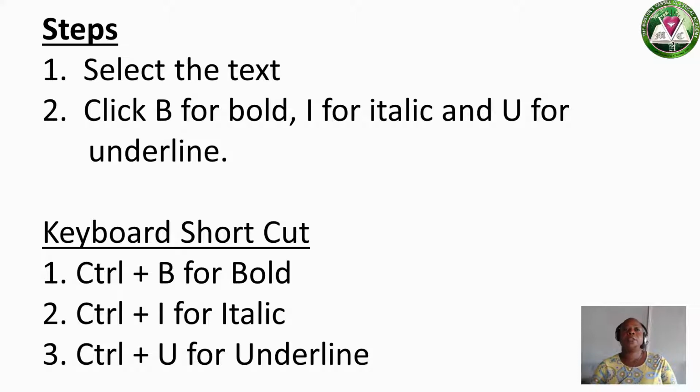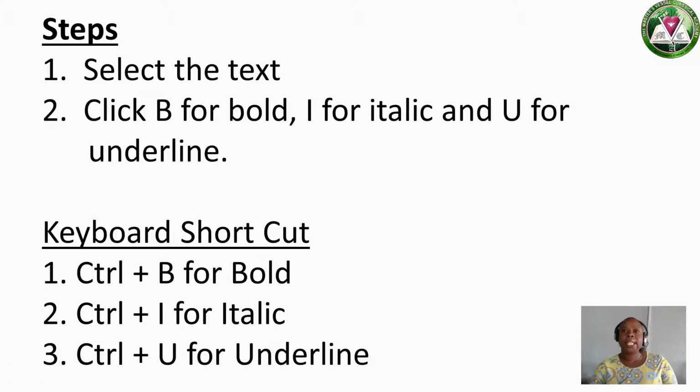Remember, in our previous class, I said all these commands of formatting text will be found on the Home tab, in the Font group. If you look closely, you will see B. B stands for bold. When you have highlighted the text, you click on B, and that text will be bold, that is, it will look darker than other text. You will also see I, which stands for italics.